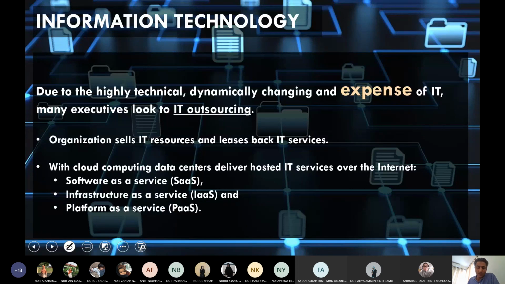I believe everyone of us has things like Dropbox and Google Drive, all of which are based on cloud computing platforms. Due to the highly technical, dynamically changing nature and expense of IT, many executives and company managements look to IT outsourcing.